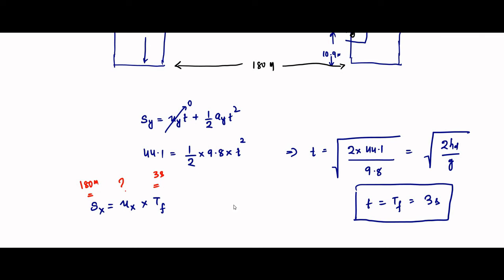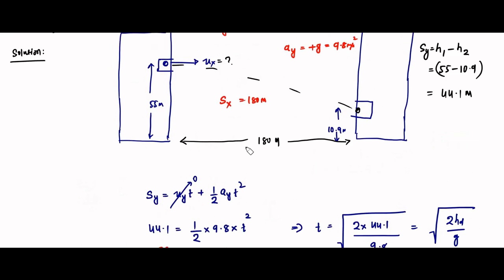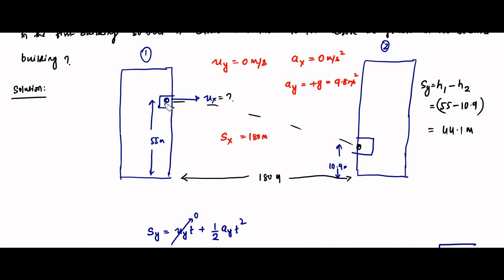So simply ux is equal to Sx by tf, which is equal to 180 meters by 3 seconds, that is equal to 60 meters per second. So this should be the initial horizontal velocity so that the ball will reach from the first window to the second window at the respective height above the ground.